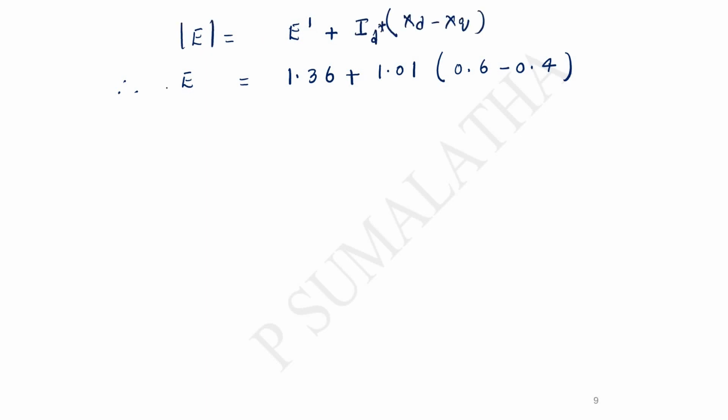I am just taking the magnitudes, so I haven't considered the J value here. That is 1.36 plus 1.01 into 0.2, which is equal to 1.562 per unit. So that's it. Therefore, the terminal voltage will rise to 1.562 per unit when the load is disconnected.